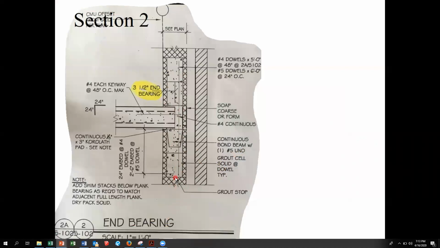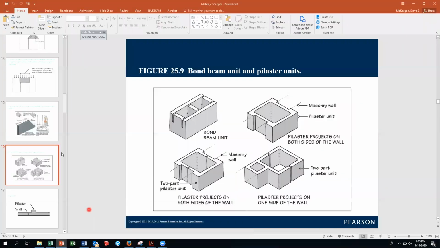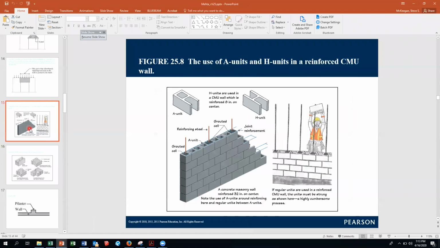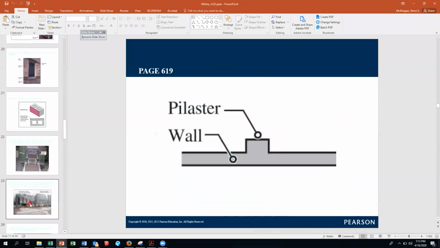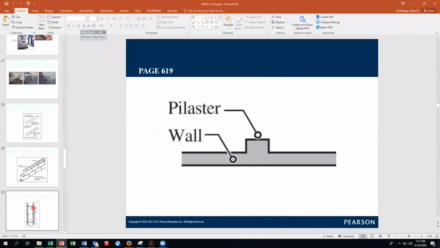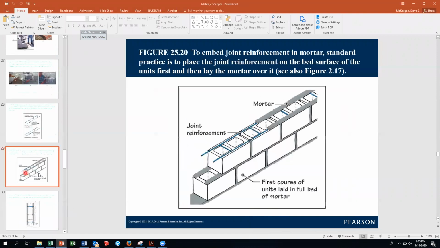There is something called a grout stop. I'm surprised that that doesn't go all the way down. And the grout stop is like a piece of mesh that goes in here that keeps the grout, if you want to say stop the grout, in this core, this cell.